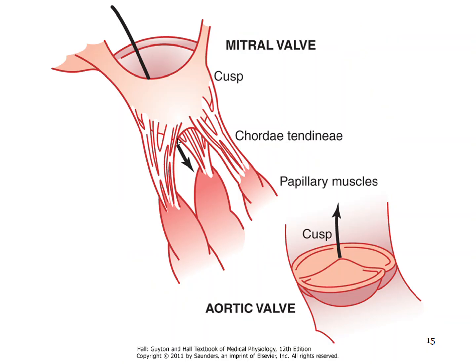Here are the valves of the heart. We have atrioventricular valves, simply called AV valves, which prevent backflow of blood from the ventricle into the atria during systole. Also, we have semilunar valves, which prevent backflow from the arteries, the aorta and pulmonary arteries, into the ventricle during diastole.